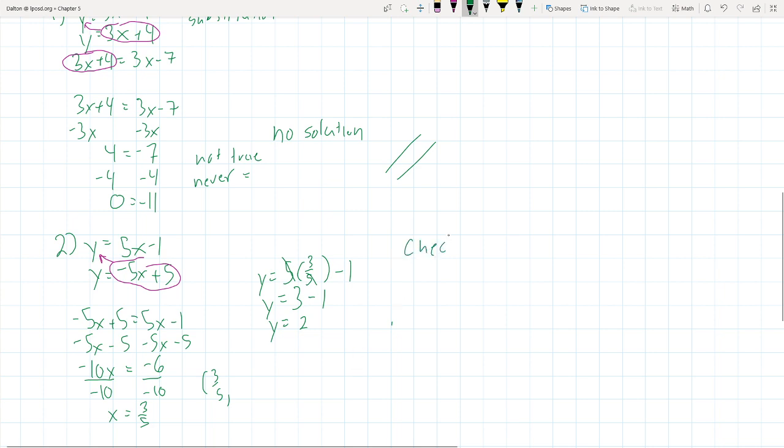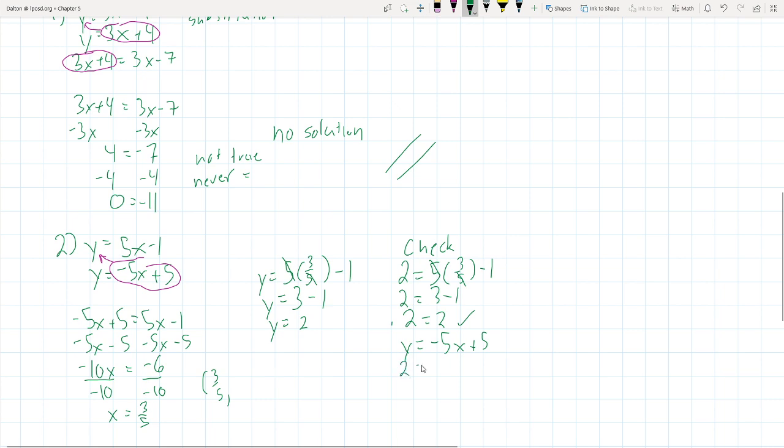We can always go in and check. So 2 equals 5 times 3 over 5 minus 1. We just did this. These cancel out, so we get 3 minus 1. 2 equals 2. Yeah, that one was fine. Now we try the other one, where we have y equals negative 5x plus 5.